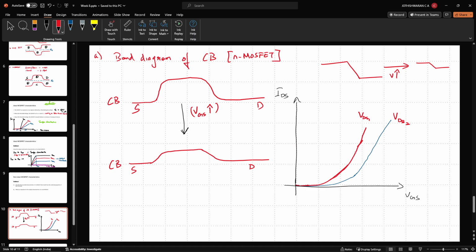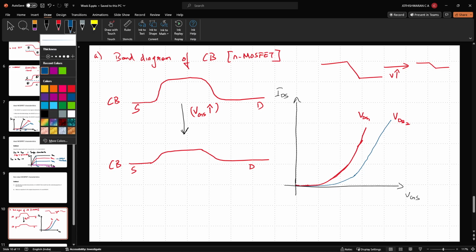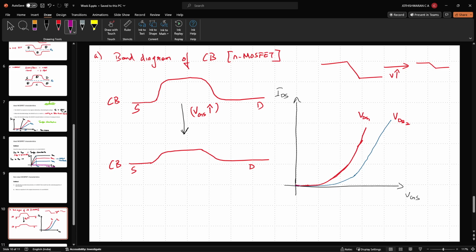Okay, so this is the non-ideal effect. Again, for the sake of completion, we can also have a third curve that rises even sooner, and let me call this VDS0.